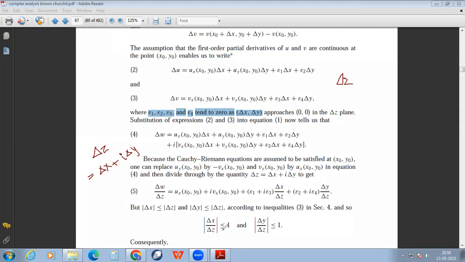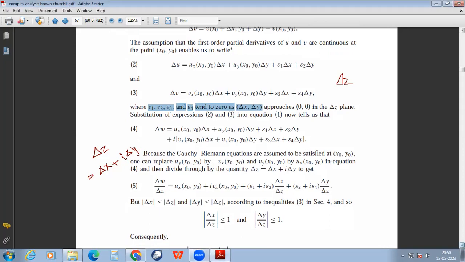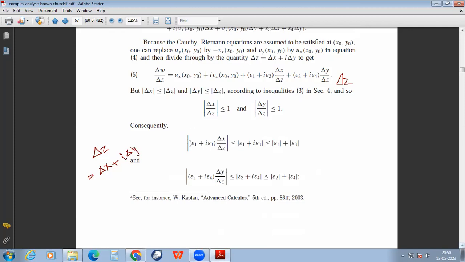So we use these facts that the modulus of this ratio has to be less or equal 1. The modulus of this ratio is also less or equal 1. So this you have actually written in your notebooks very properly. And then you apply the limit. So what will happen if you take mod of this particular, this will be less than or equal to mod of epsilon 1 plus I times epsilon 3, but the modulus of the sum has to be less or equal to the sum of the moduli individually.